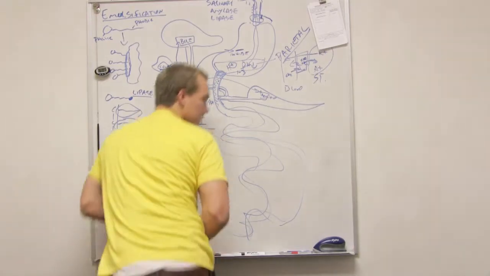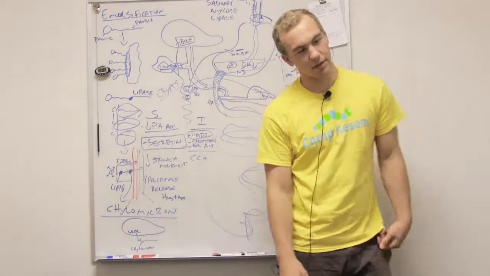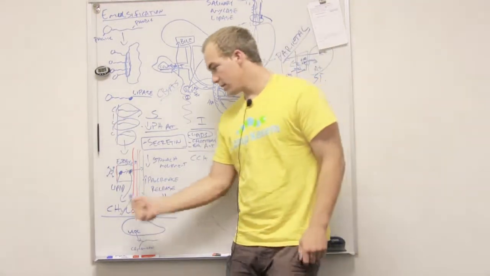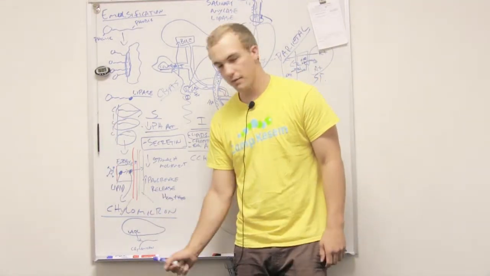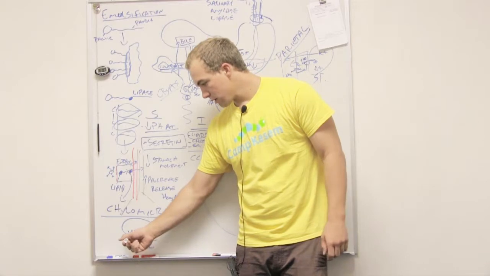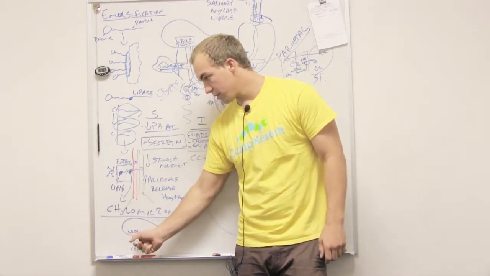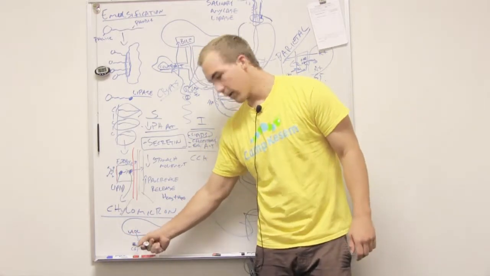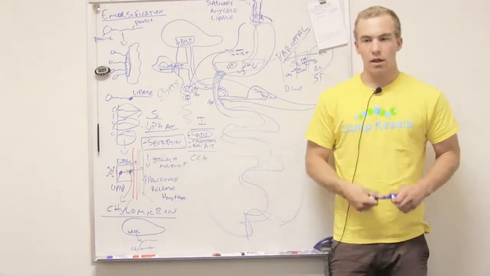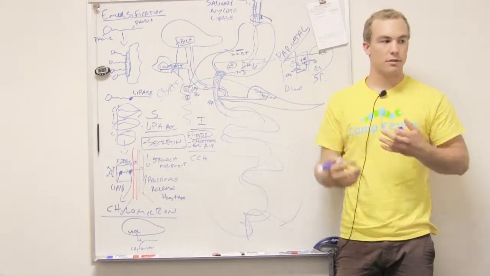VLDLs, right? So the liver spits out some very low density lipids, VLDLs, and chylomicrons kind of come together, and then we rip off what?